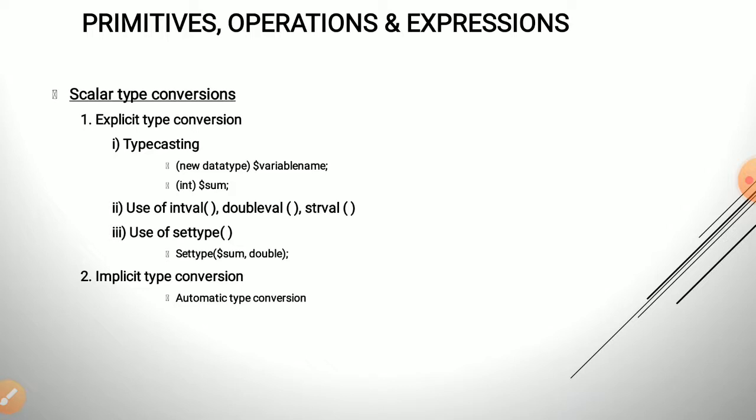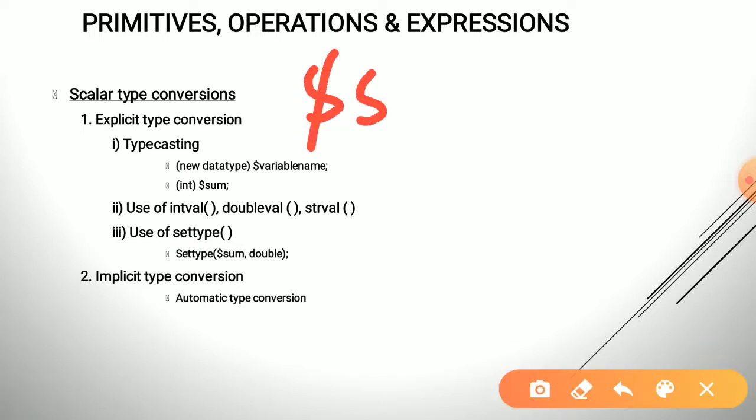And the third way is we can use the settype method. The format of the settype method is settype($variable_name, new data type). For example, settype($sum, double). Suppose $sum = 10.